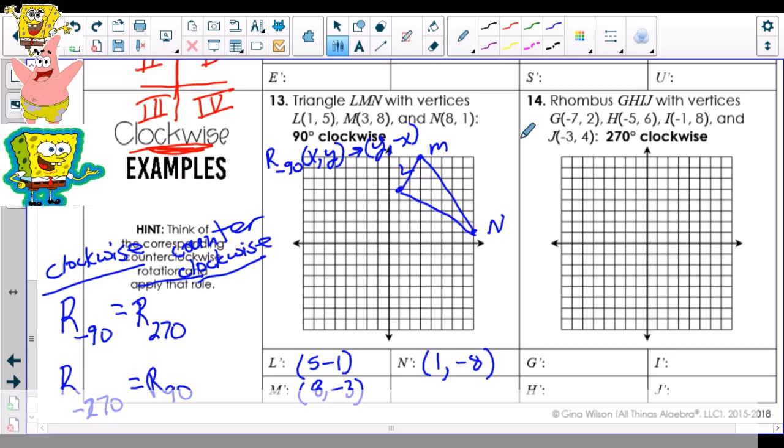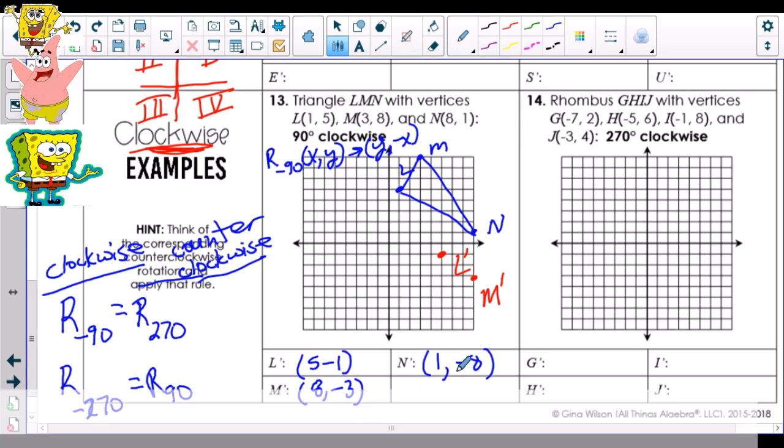All right, so then we do our image after we've rotated it. We're going to rotate it right down here. So that's (5, negative 1): 1, 2, 3, 4, 5. That's L prime. Then M prime is at (8, negative 3). There's M prime.